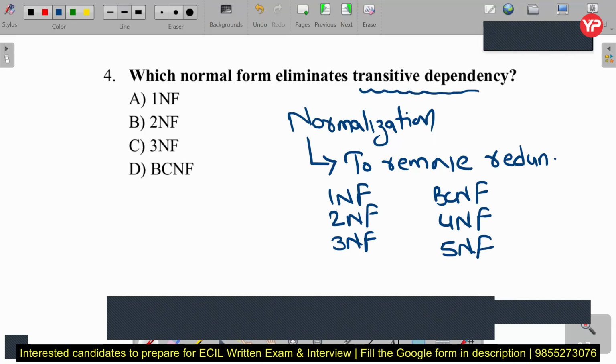In 1NF, we are trying to remove multi-valued attributes, that is, attributes have to be atomic in nature. In 2NF, we are trying to remove partial dependency. In 3NF, we are trying to remove transitive dependency. That's why the correct option is C.